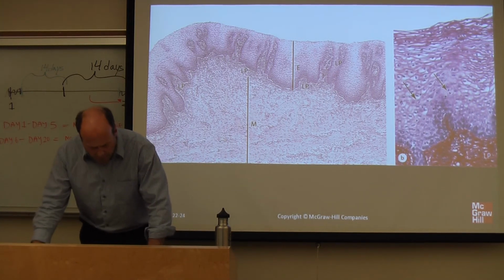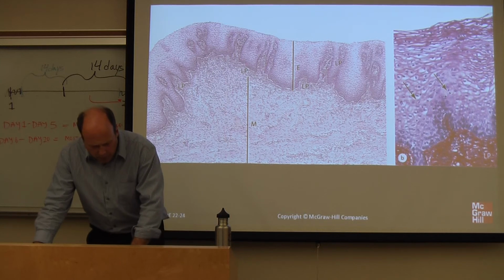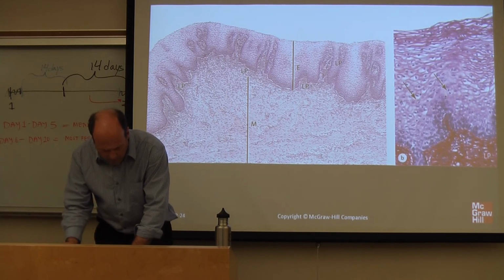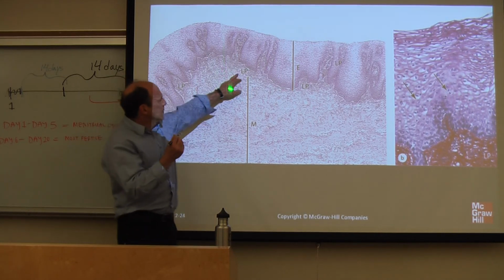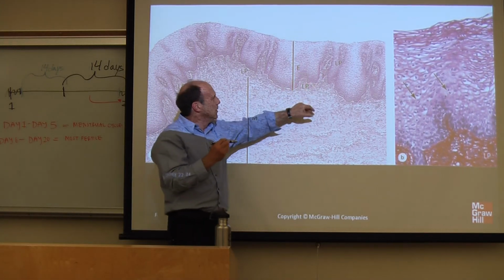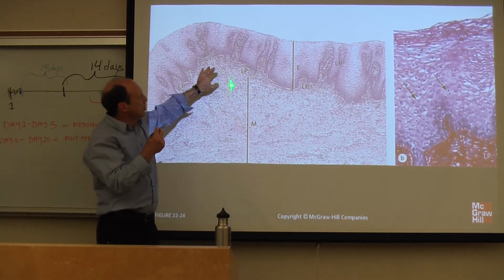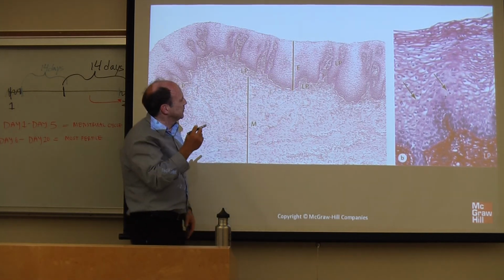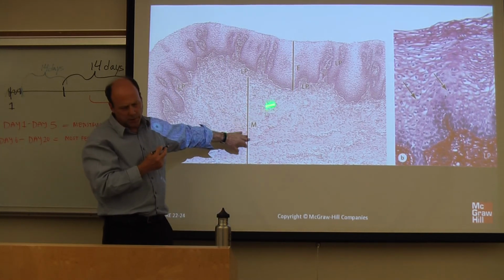So here's a picture of the vagina, and pretty simple stuff. LP, lamina propria, which we've seen in several organs, and a nice thick epithelia and the mucosal layer.